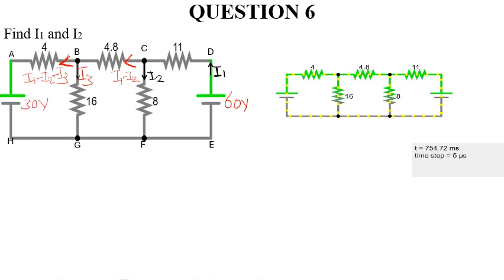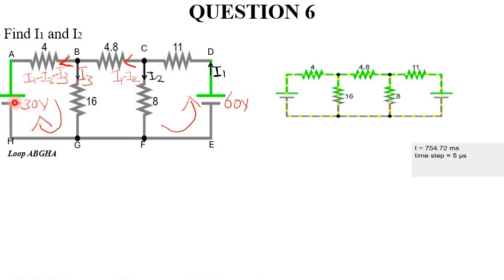So here we'll now have to apply KVL in each loop. In this loop, I'll decide to take the clockwise direction. This loop, I'll take the anti-clockwise direction. Let's apply it one by one. Applying KVL to loop A, B, G, H, A, we realize that KVL says sum of voltage sources is equal to sum of voltage drops.